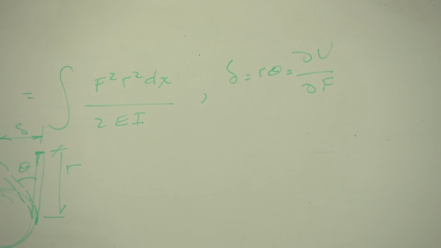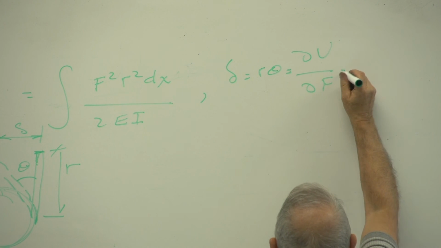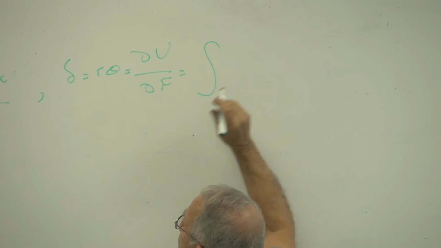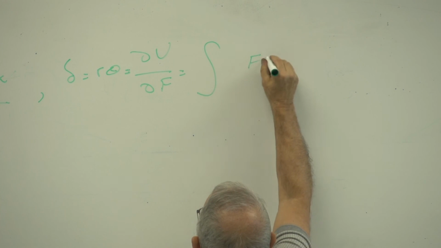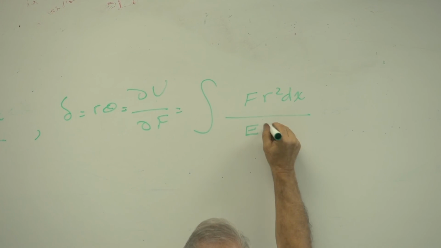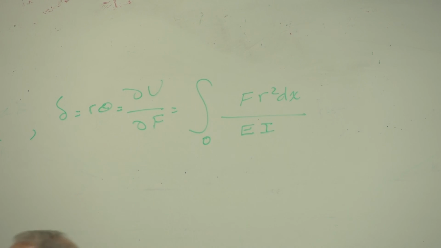And we take that partial by going into this integral. So that'll be equal to the integral of partial with respect to F, which would be F R squared dx divided by EI, going from 0 to what's under bending?